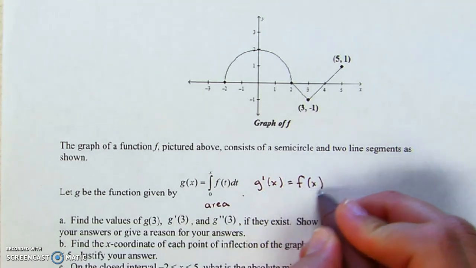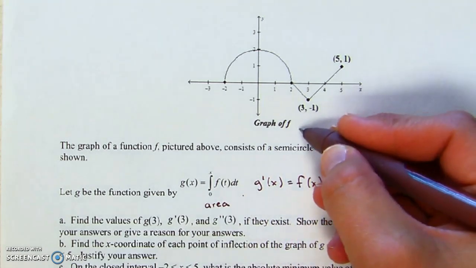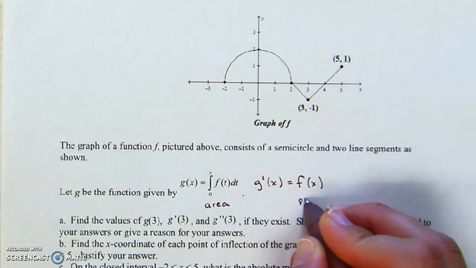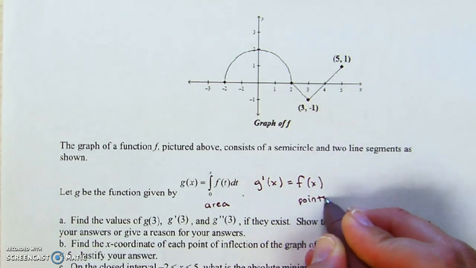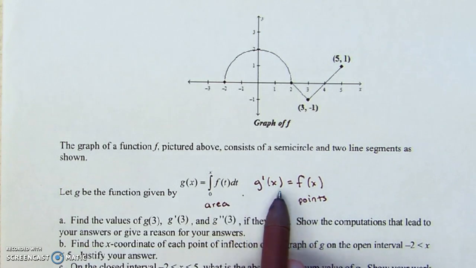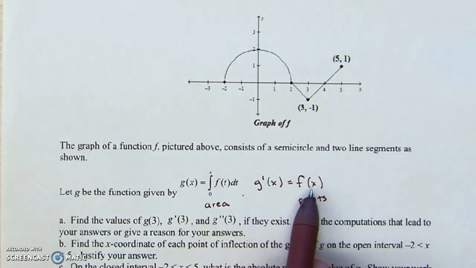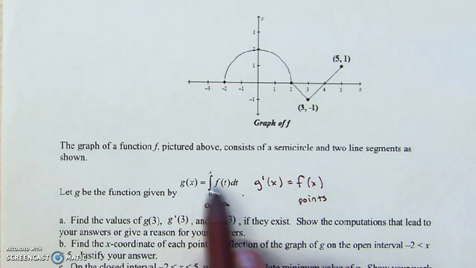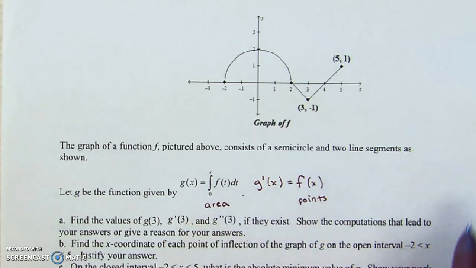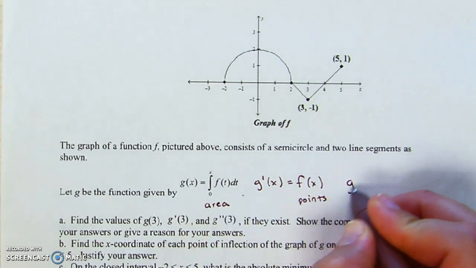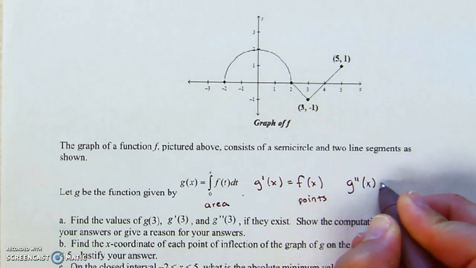Now when we plug in points into this graph, we're just going to be finding points. So anytime it asks about g prime of a number, we're going to look at the points, the graph of f, because when we took the derivative, that's what we got. We got f. Now we're going to take the second derivative.